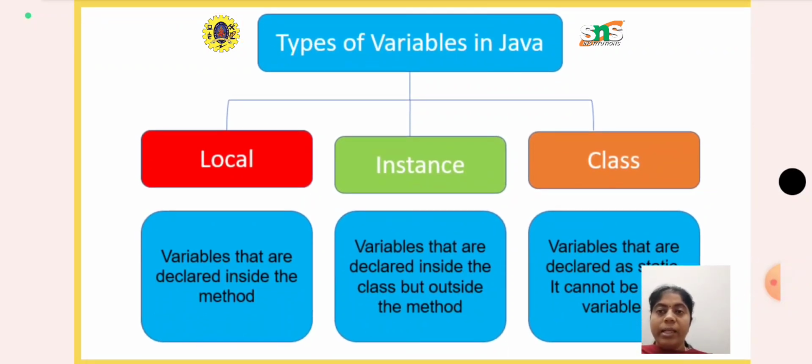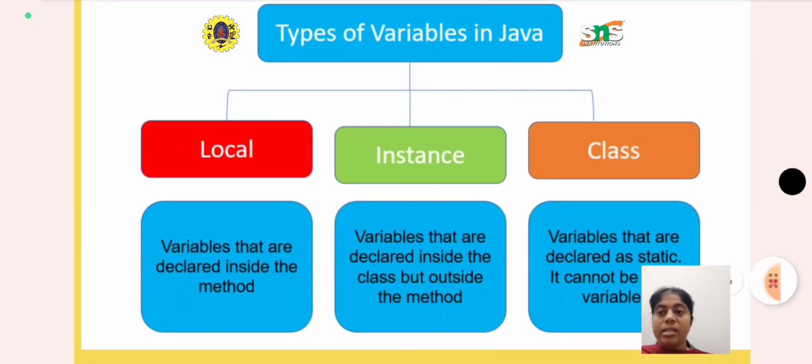We have three types of variables in Java: local, instance, and class. A local variable is declared inside a method, and it will be used only inside that particular method.